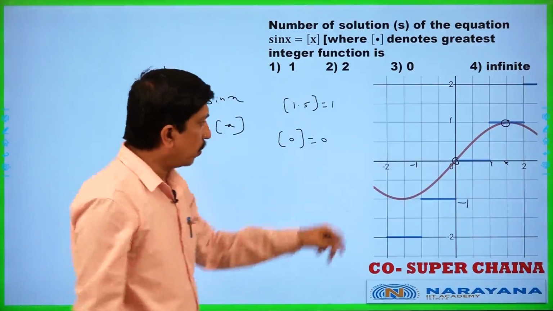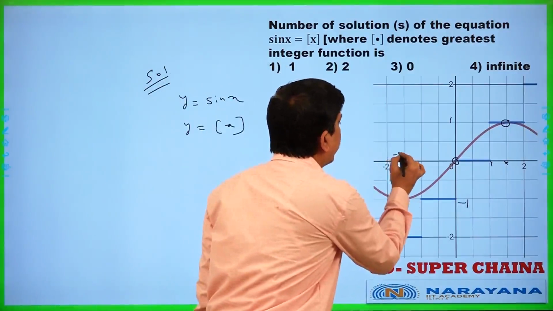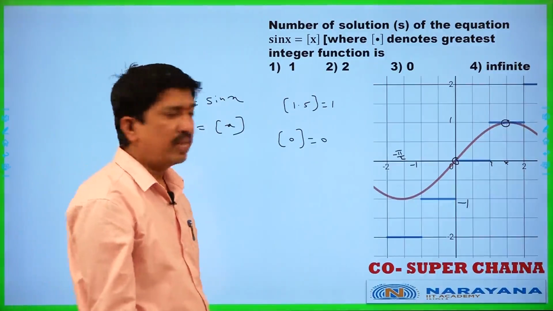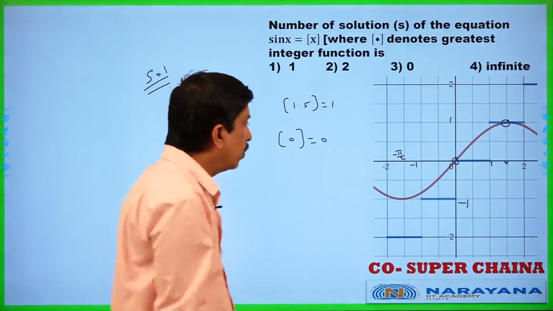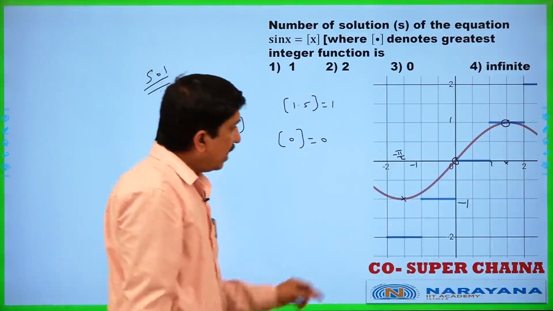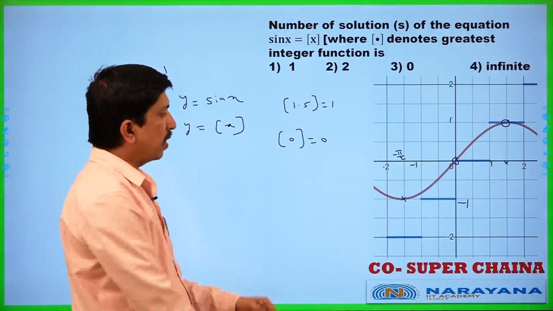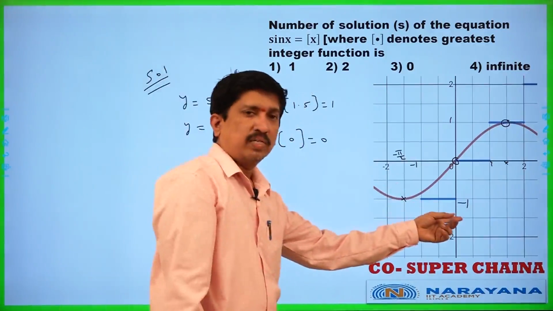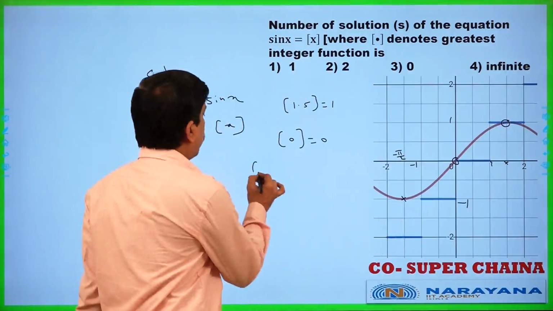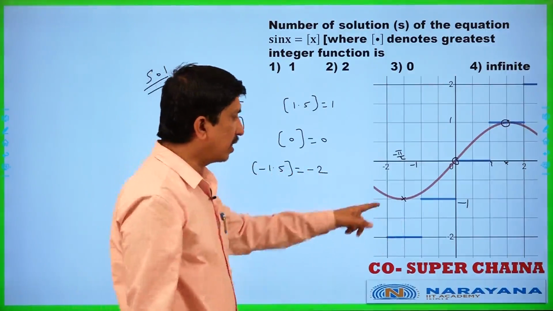Now at minus pi by 2, approximately minus 1.5 something, sin of minus pi by 2 is minus 1, but [minus 1.5 something] is minus 2, so it is not intersecting.